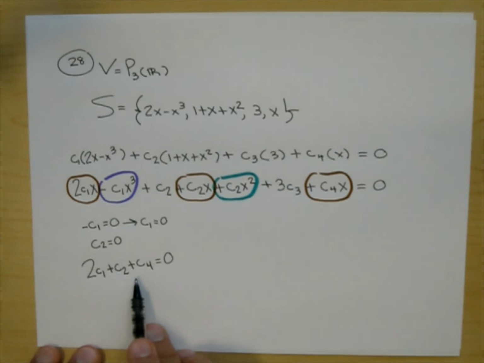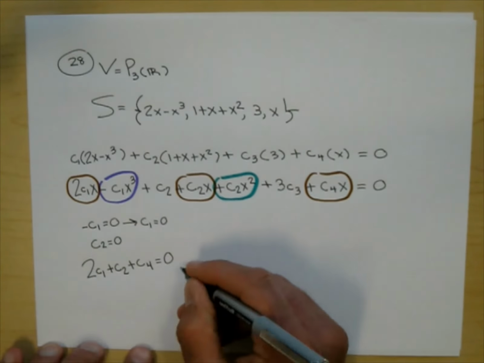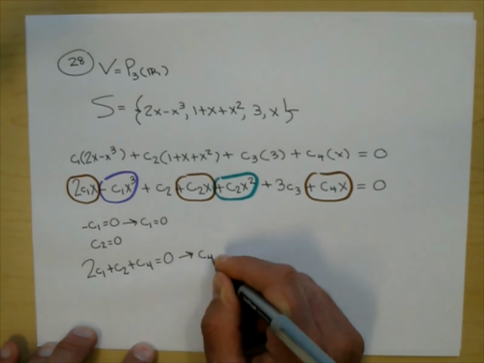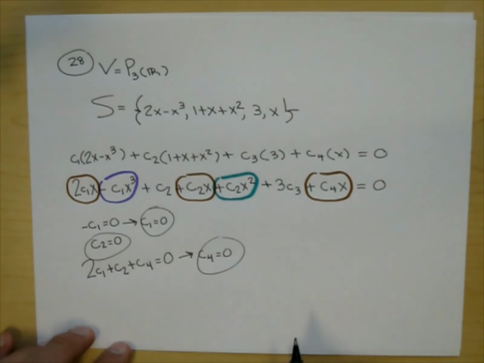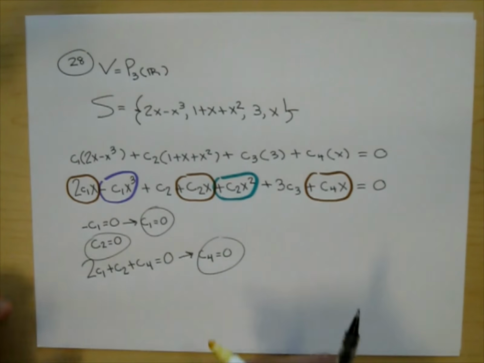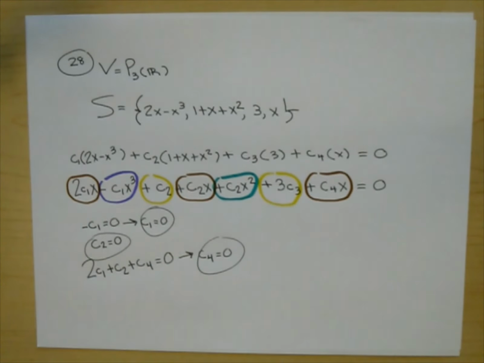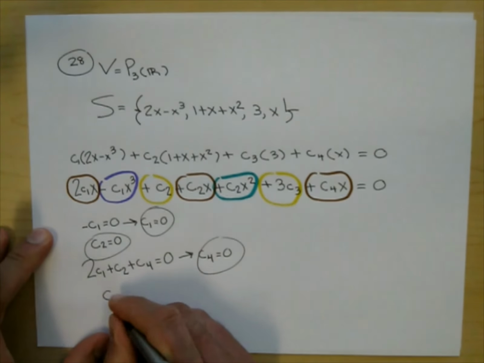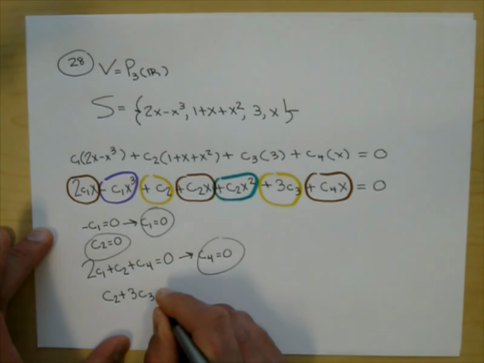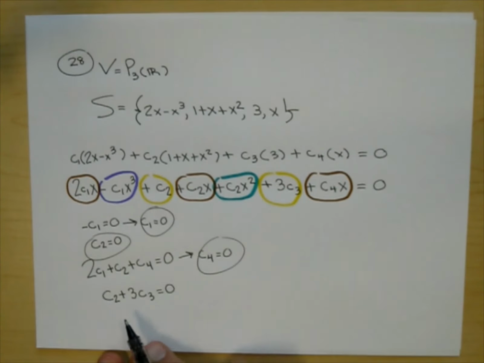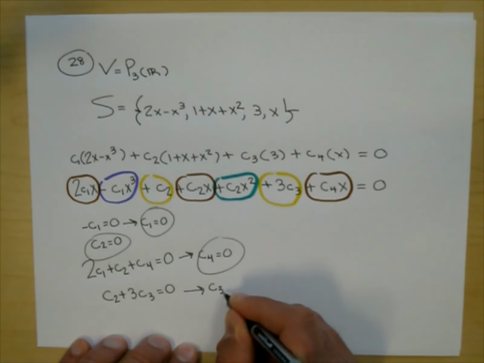But we know from the top equations that c1 is 0 and c2 is 0, so this gives us c4 is 0. And we'll go ahead and circle the constants. This equation says c2 plus 3c3 is 0, and we know that c2 is 0, so c3 is also going to be 0.